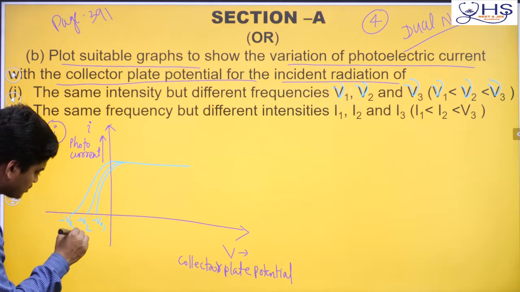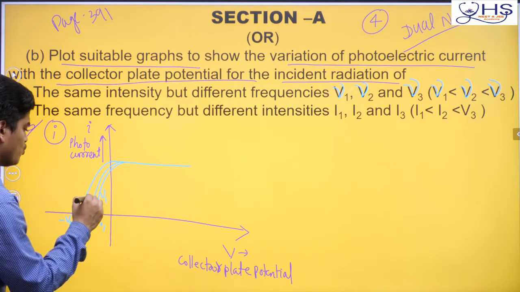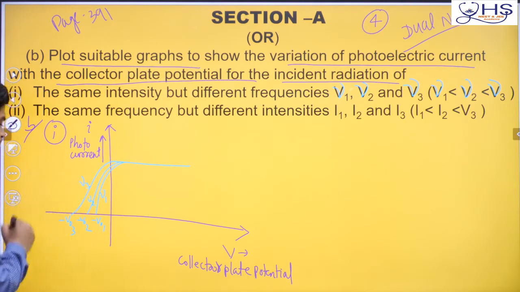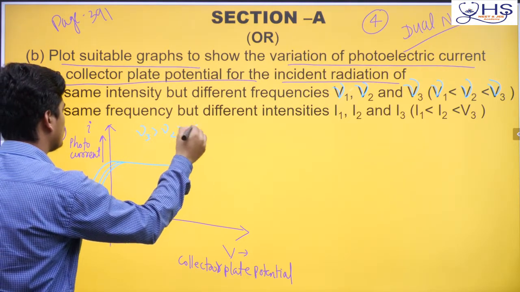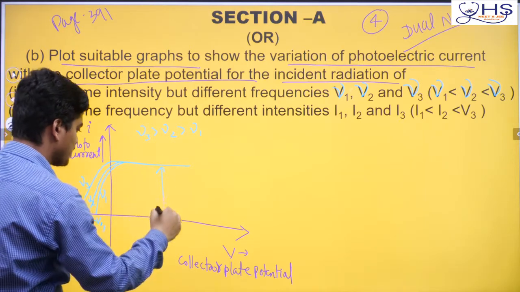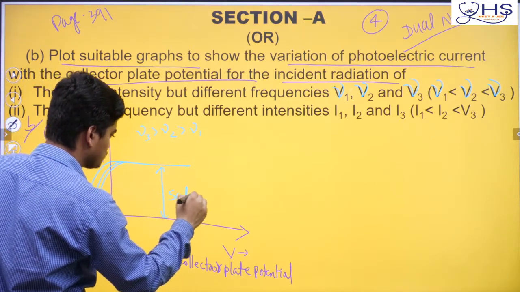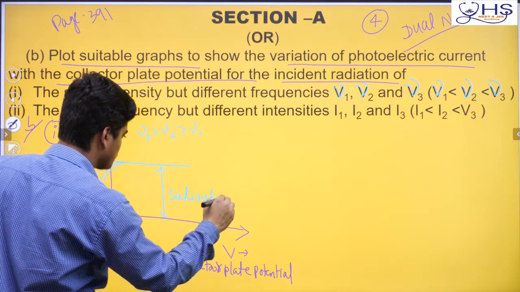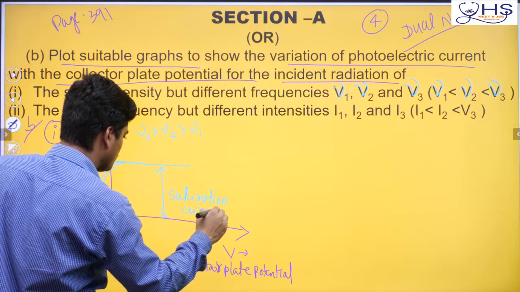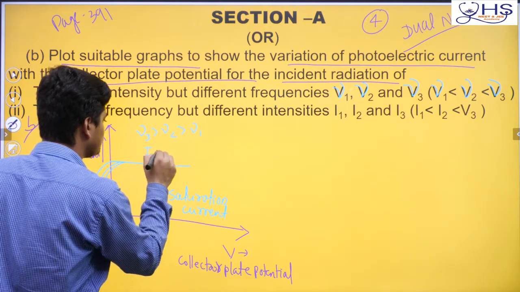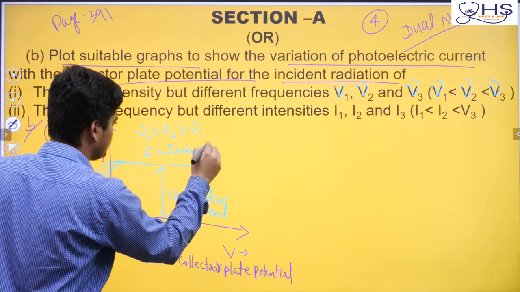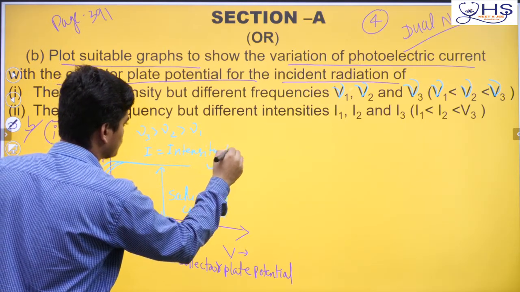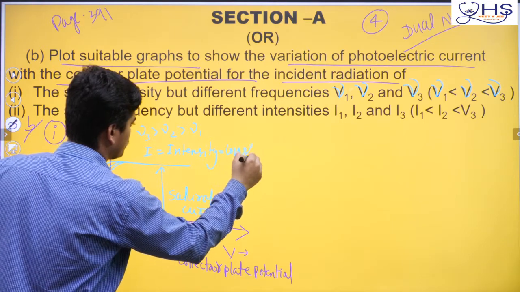Here it is nu 1, nu 2, nu 3, and you can write nu 3 greater than nu 2 greater than nu 1, and this is called saturation current. And here you can write your intensity is constant. I means intensity. So intensity equal to constant.